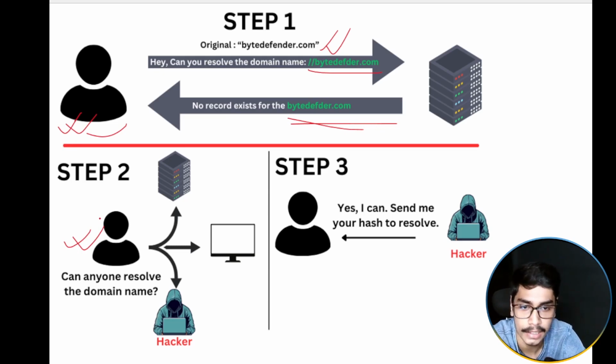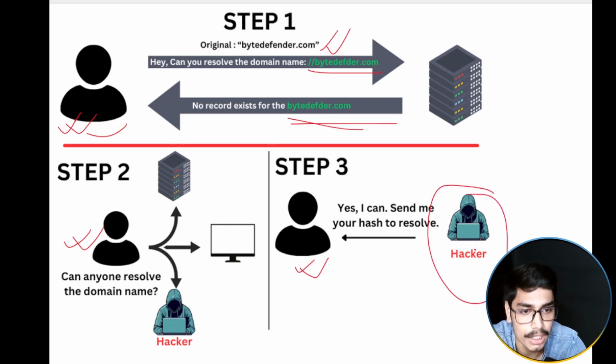Here the hacker can easily intercept the request because this protocol has no authentication mechanism. That's why anyone can respond to the request. Now the user thinks the attacker machine is a legitimate server to resolve the domain name, and the client provides their hash. Now this is a brief theory part about how an LLMNR poisoning attack happens.